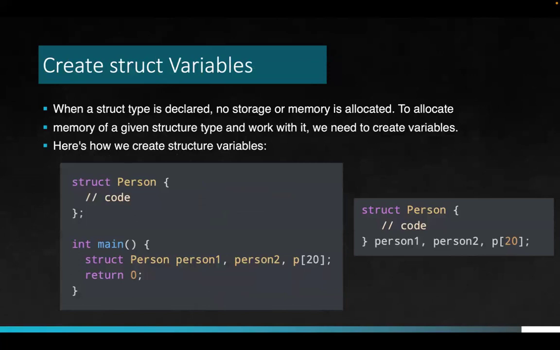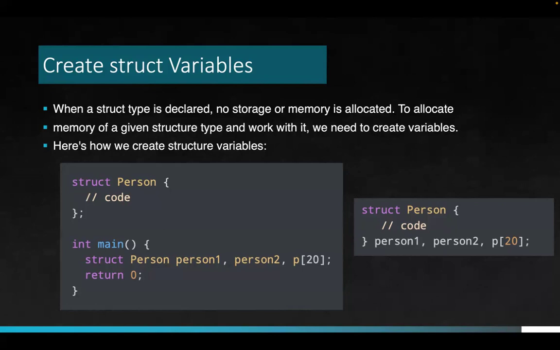Now, how to create a structure variable? When a struct type is declared, no storage or memory gets allocated. Let's say you have created a structure person and there is nothing inside it. That means if you are not giving any variables inside this structure, then the compiler doesn't know how much memory is needed for your execution, due to which it doesn't know how much size to allocate for this particular structure.